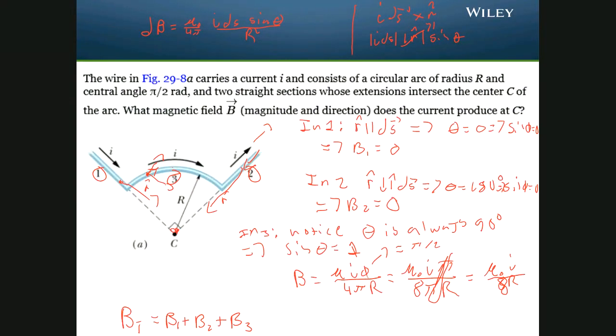Always start with I ds cross r hat. Even if there is a significant angle, the nice thing about this expression is it's always going to pretty much reduce to I ds sine theta, even if the angle is appreciable, because the magnitude of r hat is always going to be 1.